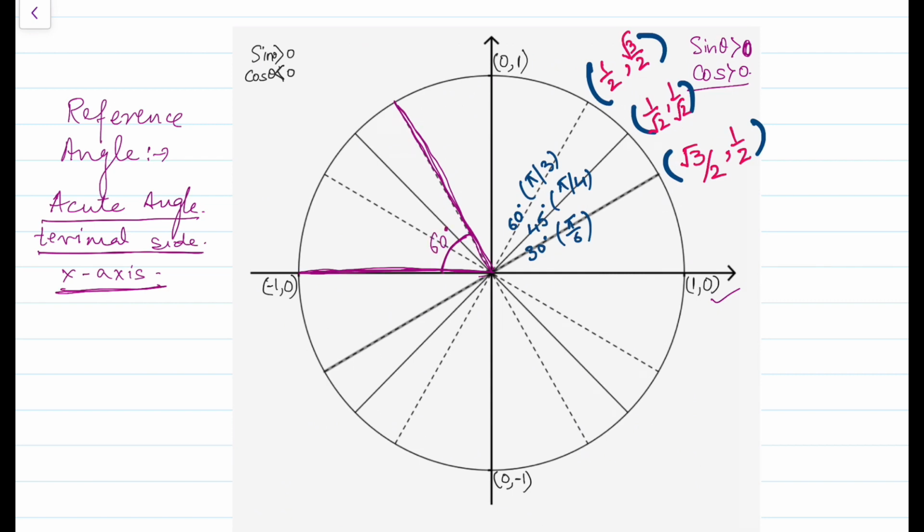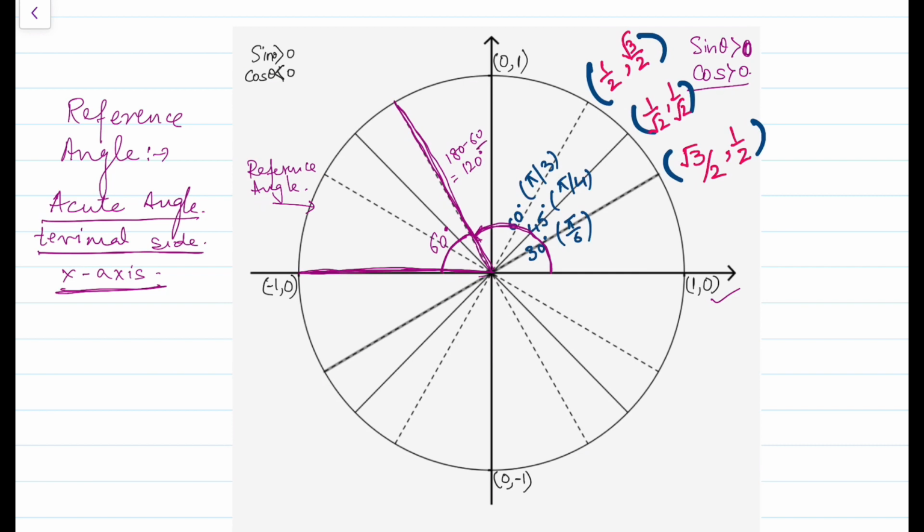When this is a 60 degree angle, we can find what this angle here is. So the standard angle is going to be 180 take away 60, which is 120. Your reference angle is the acute angle, and that reference angle helps you find all these angles. All right, and that also helps us find the values.